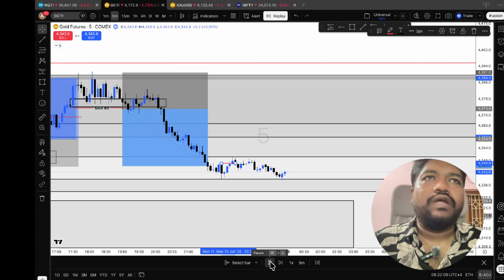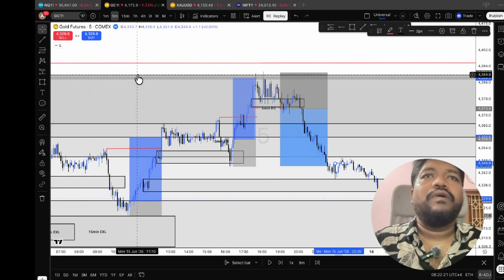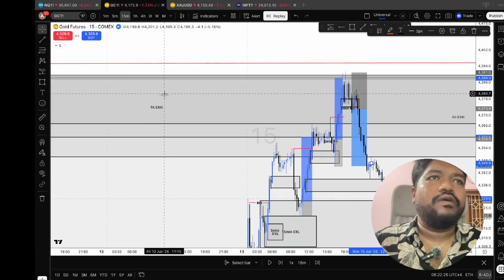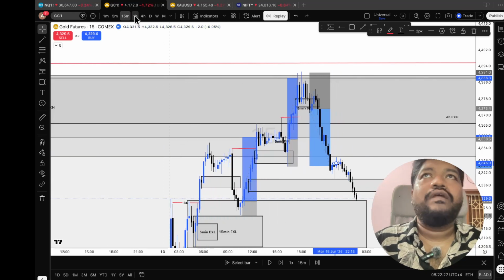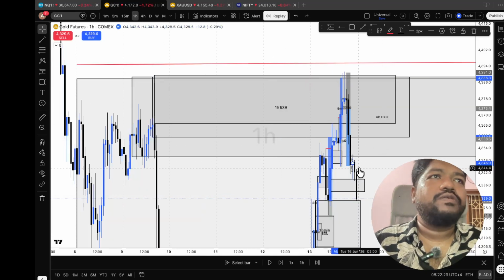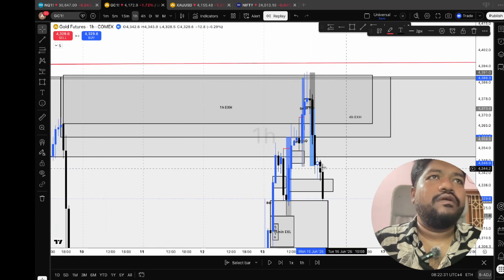Okay, it's coming to that area. Okay, so here this 15-minute roadblock is also broken over here. Can you see that, right? And my 1 hour must be closing on the downside, correct?